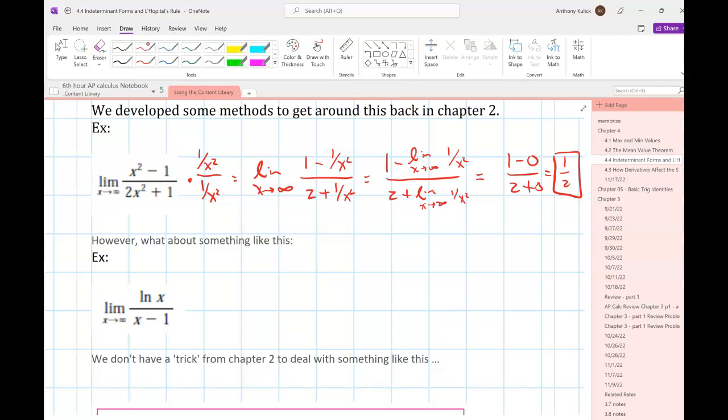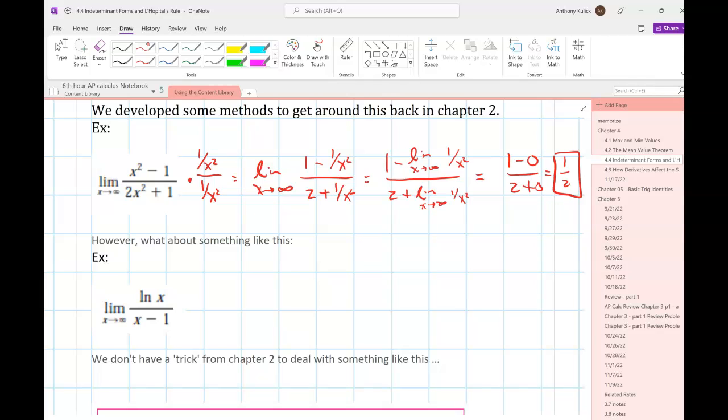If I try to do the same trick I did, does it work? No, because we have that natural log thing going on there. What do I do with that? If I try doing that, I'm just going to end up with infinity over infinity in the numerator, and I haven't really solved anything. Is everybody okay with that?